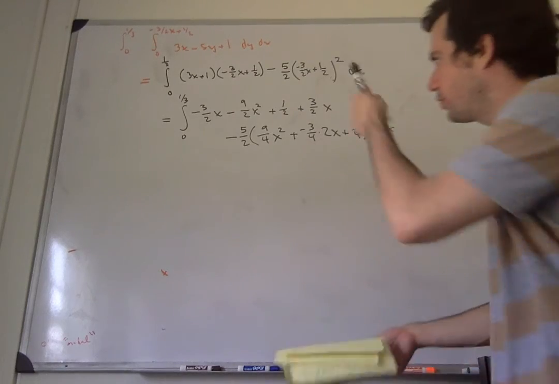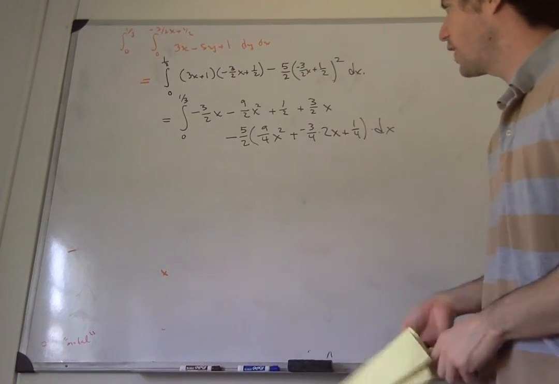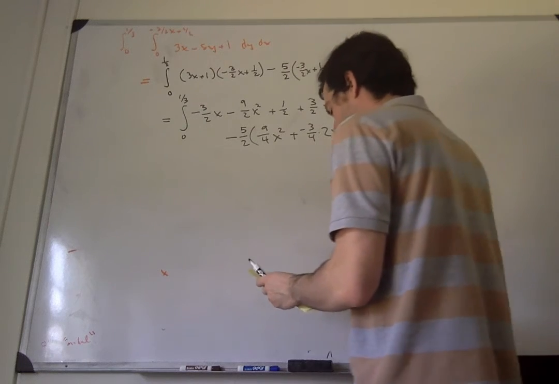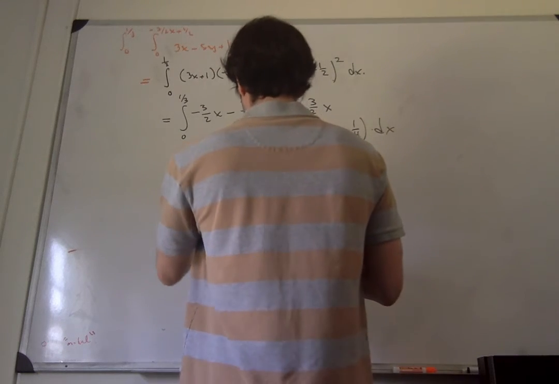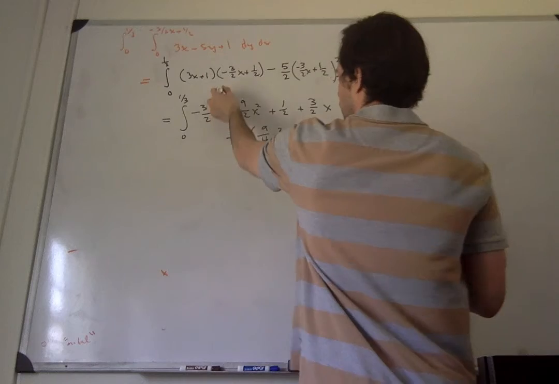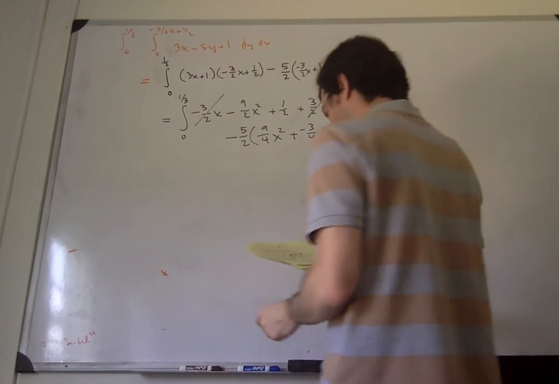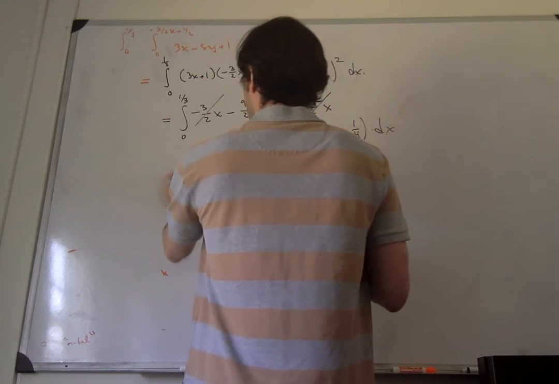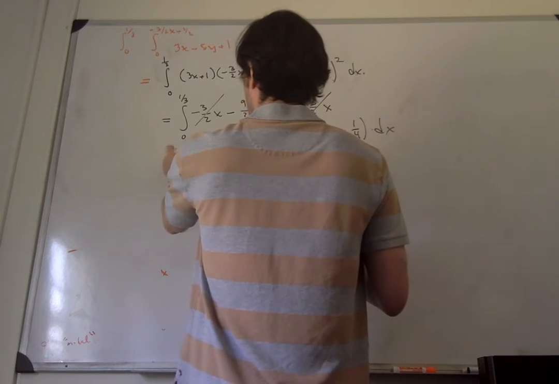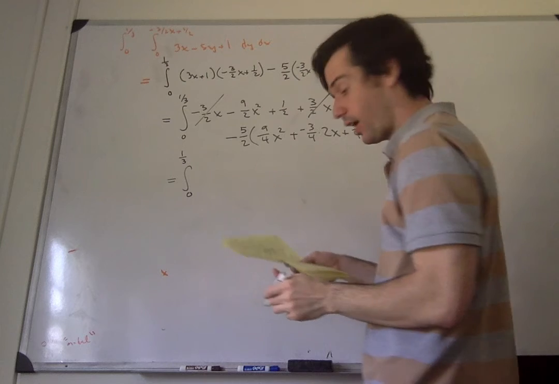Okay, so you've now finished and you've got the same thing. Good. Okay, so once you look at it, you'll notice that those terms should cancel. And I'm now going to group everything by powers of x.